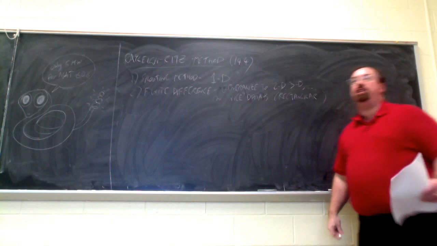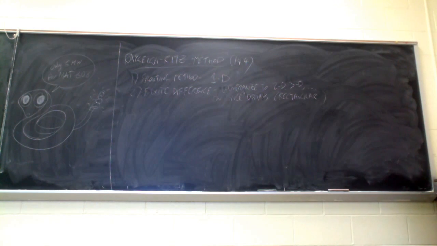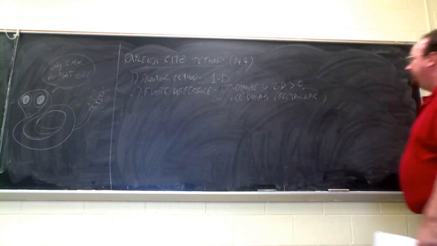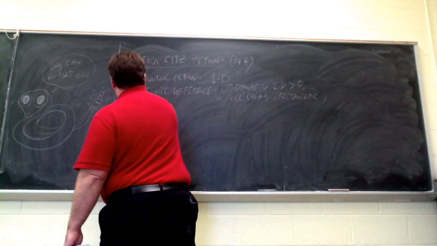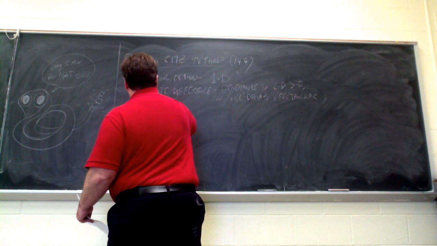So the differentiation formulas you're using are really based on that, and it's easy to take boundary conditions into account. But if you have complicated geometries, finite difference doesn't work so well. All right. So we're going to see now Rayleigh-Ritz.